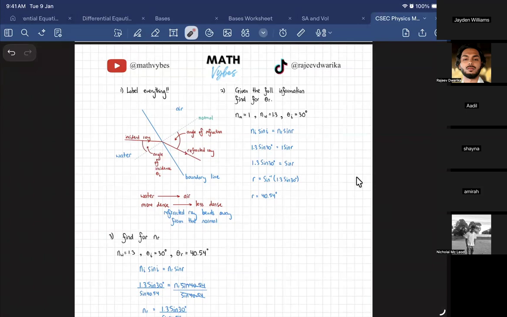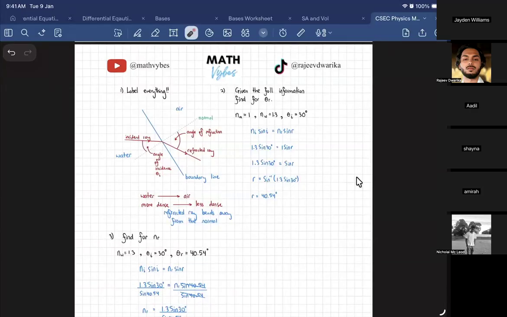Yes, sir, I understand. I feel like my problem just lies with reading the question properly and remembering where to substitute the NA and NW. But other than that, I understand the formulas well.